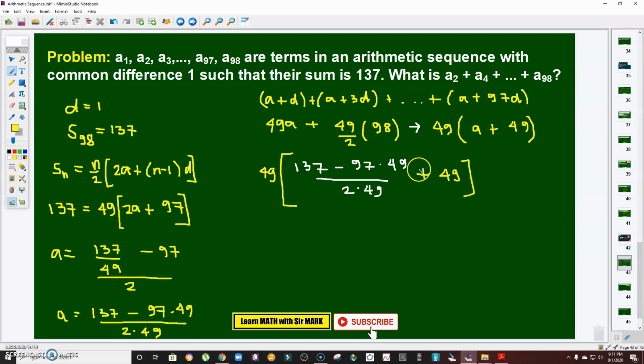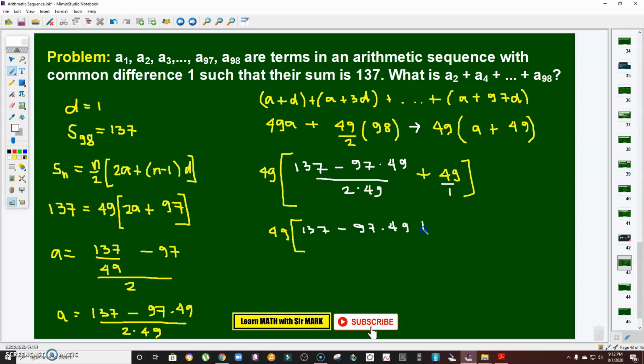Next. Since I'm adding a fraction here, I'm going to proceed with my calculation. That is 49 times 137 minus 97 times 49, and this one is over 1, so I'll multiply. Isn't that how it is when adding fractions?